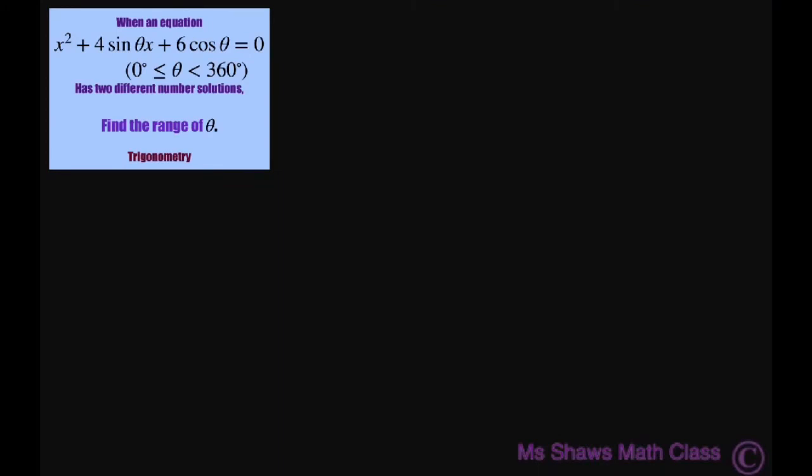So basically what we're going to do is look at the discriminant for this. The discriminant is b squared minus 4ac.